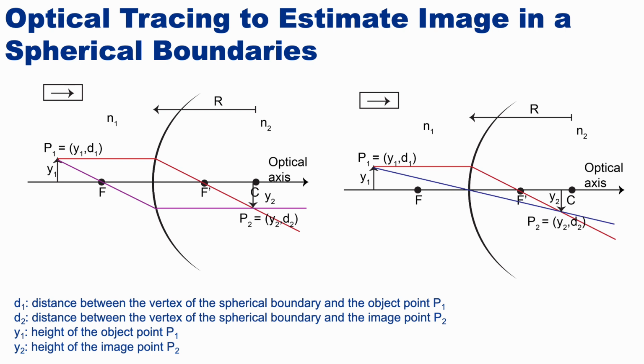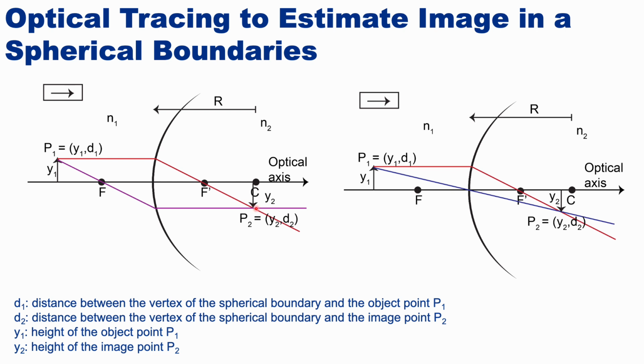We can do optical tracing to find the image in spherical boundaries. Remember that an image is composed of the intersection of two rays, and we can have the three following rays. The first ray is the one that goes parallel to the optical axis, meets the spherical boundary, and then gets refracted through the image focus, or the back focal plane.